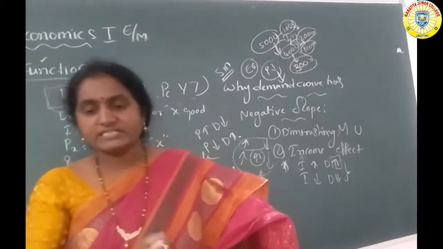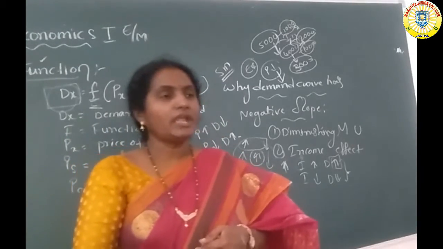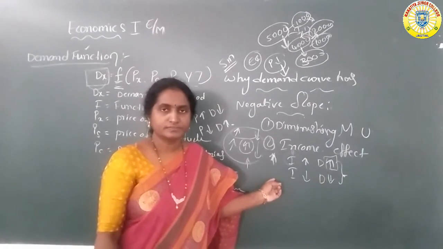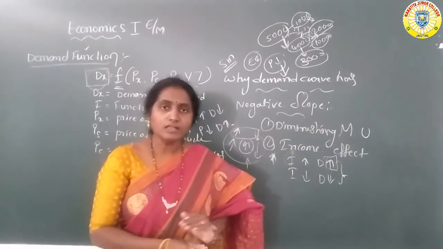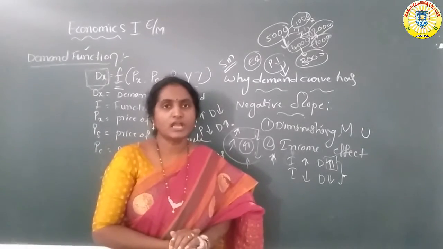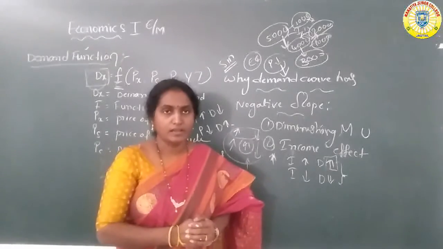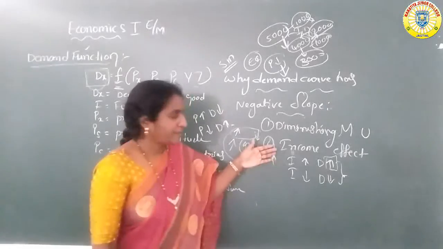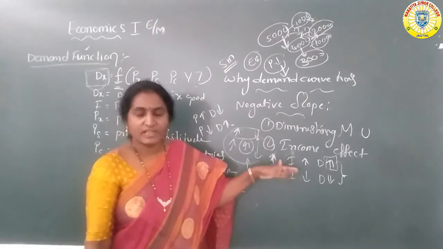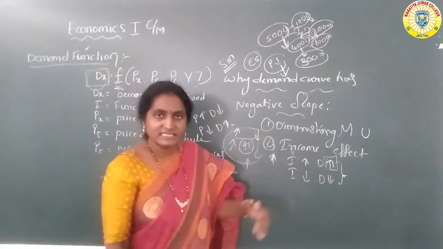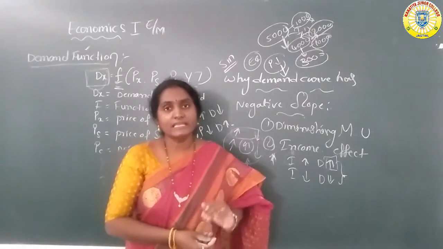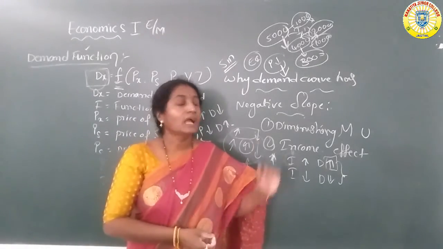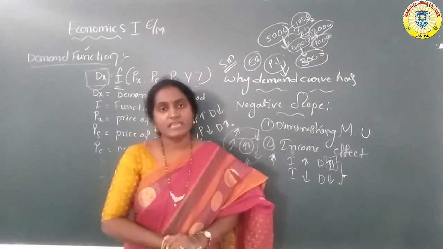And next one is the substitution effect. The income effect also changes the quantity of demand. When the price levels of different commodities and services decline in the market, the purchasing power of the consumers increases, which means the real income of the consumer increases.